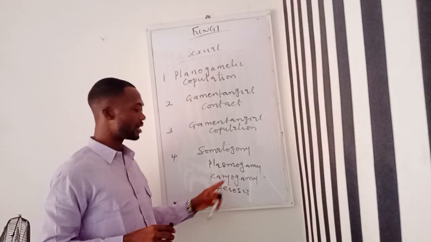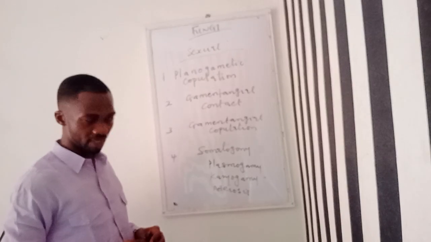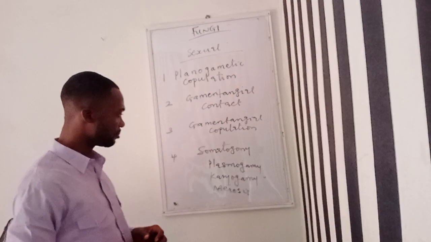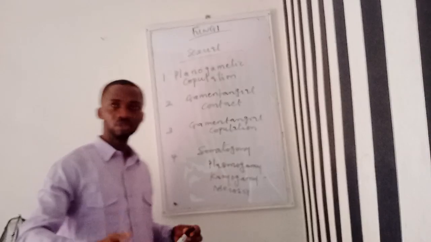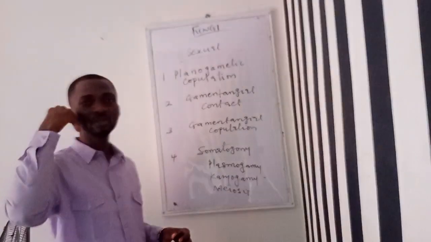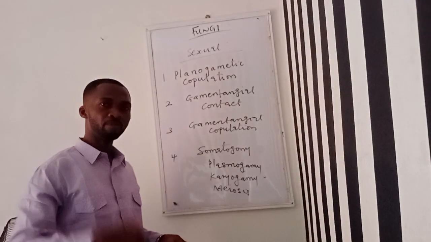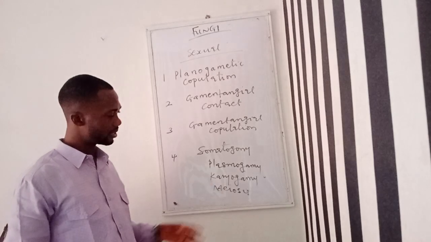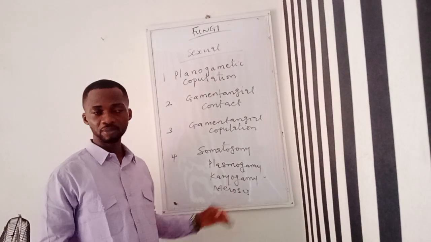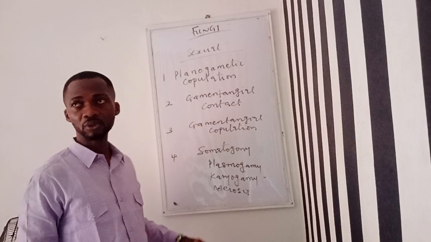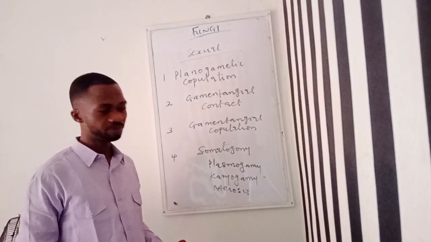Anytime you hear karyo, just know that a nucleus is involved. Then, of course, meiosis returns the diploid chromosome back to a haploid phase. So these are the three phases of sexual reproduction in fungi.